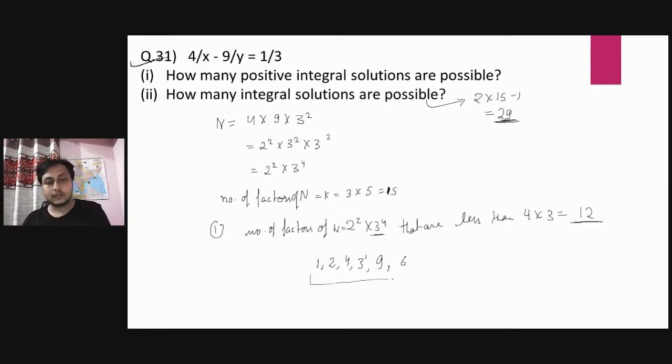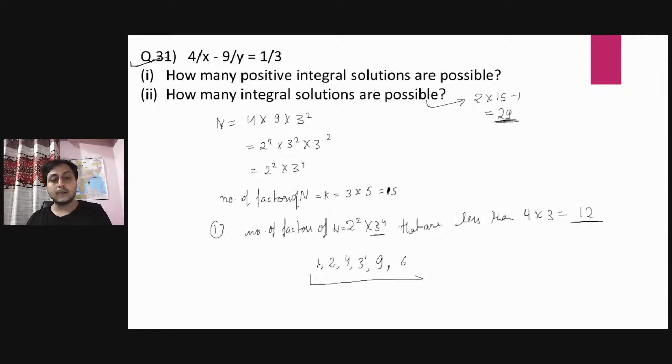Means of these, 1, 2, 3, 4, 5 not possible, 6 has come, 7 not possible, 8 not possible, 8 is not a factor of this one, 9 has already come, 10 not possible, 11 not possible. So how many positive integer solutions are possible? 6 positive integer solutions are possible.